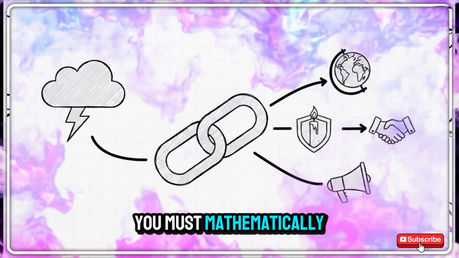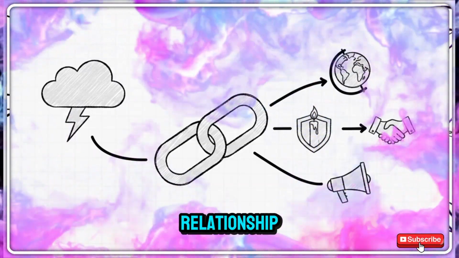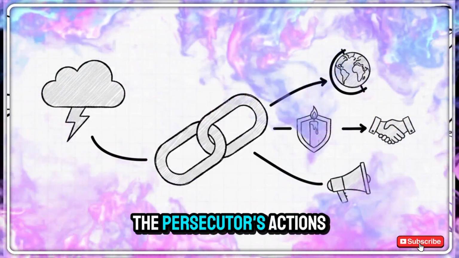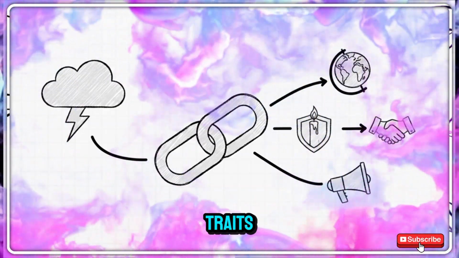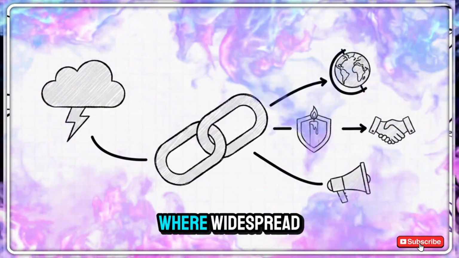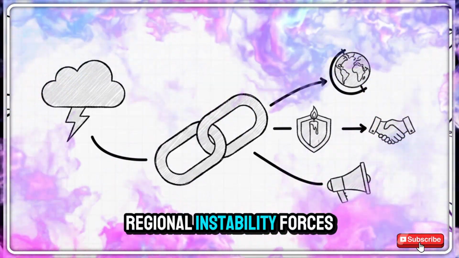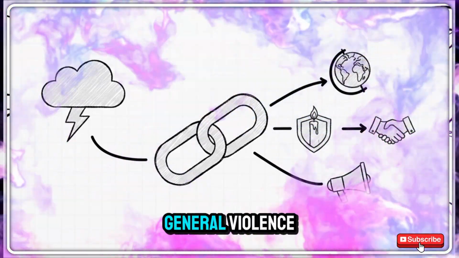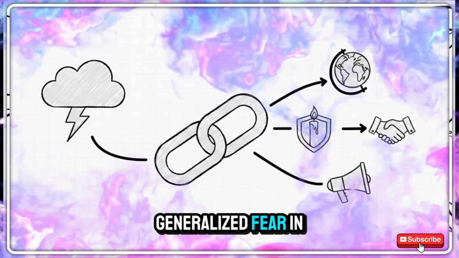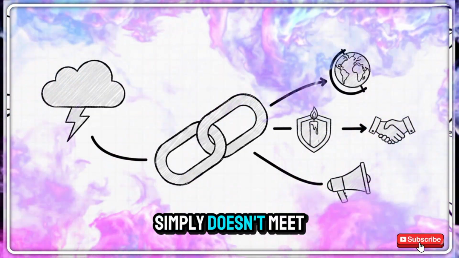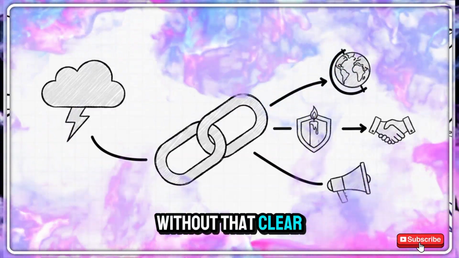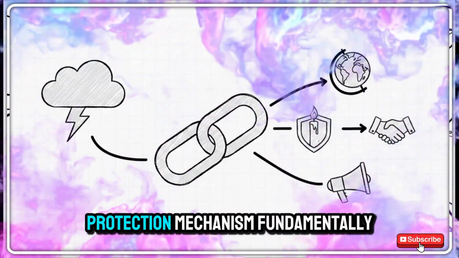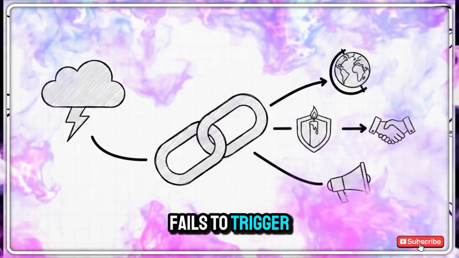You must mathematically prove the causal relationship, the nexus, between the persecutor's actions and one of these 5 specific traits. Think of a real-world scenario where widespread regional instability forces people to flee. General violence or even a generalized fear in a country simply doesn't meet this strict statutory requirement. Without that clear, targeted nexus, the legal protection mechanism fundamentally fails to trigger.